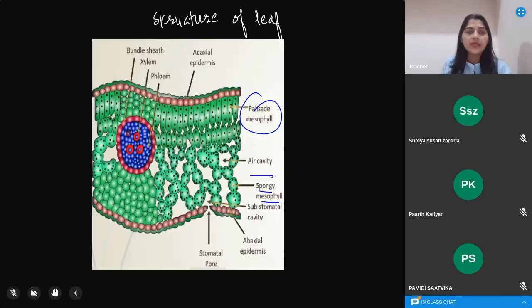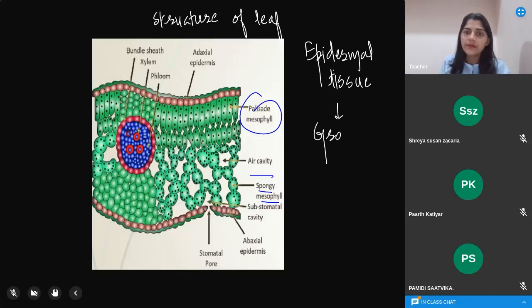There are three different types of tissues present in the stem and in the roots and in the leaf also. First is the epidermal tissue, the uppermost one, where epidermis and whatever appendages are there in the epidermis will be coming. So, epidermal tissue. Below that is the ground tissue.